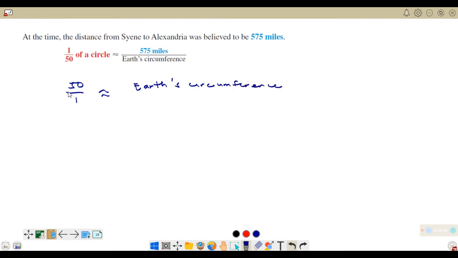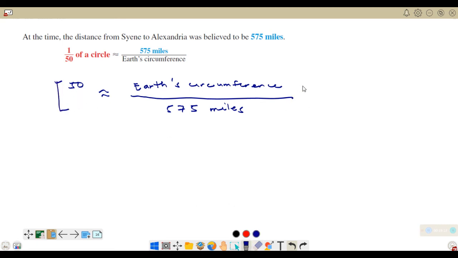Babaliktarin mo yung numerator and denominator of one side. Baliktarin mo rin yung numerator at denominator on the other side. If you are going to reciprocate, get the reciprocal of one side, get the reciprocal of the other side as well. They will still be equal. So, para makuha natin yung measurement ng Earth's circumference, 50 na lang to, di ba? Pwedeng tanggalin na natin si 1 kasi 50 na lang siya.